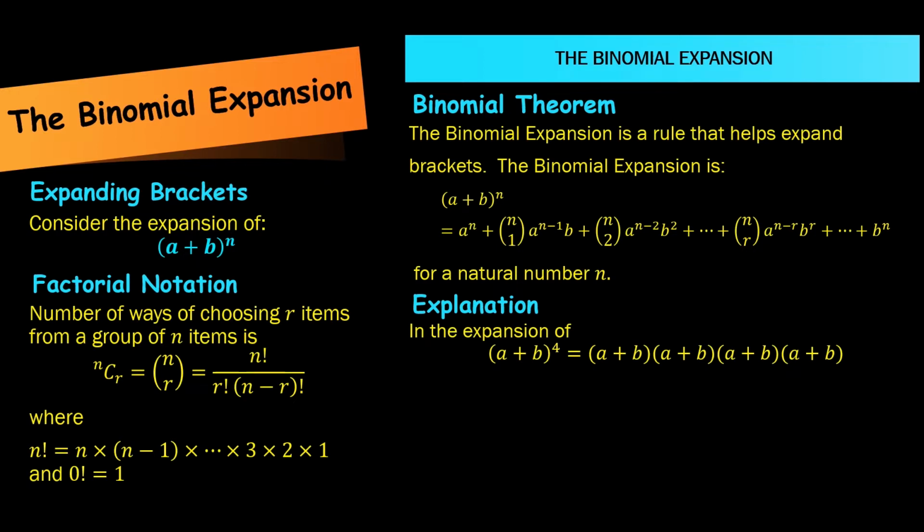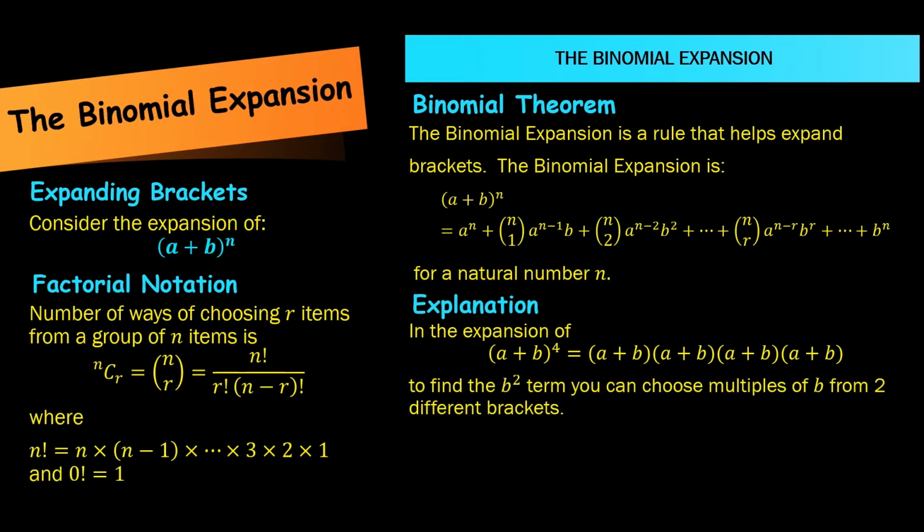We can understand this by considering the expansion of a plus b to the power 4. This is of course a plus b multiplied by itself 4 times as shown. In order to find the b squared term, you can choose multiples of b from 2 different brackets.